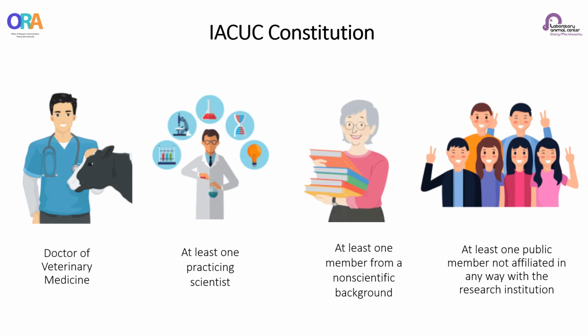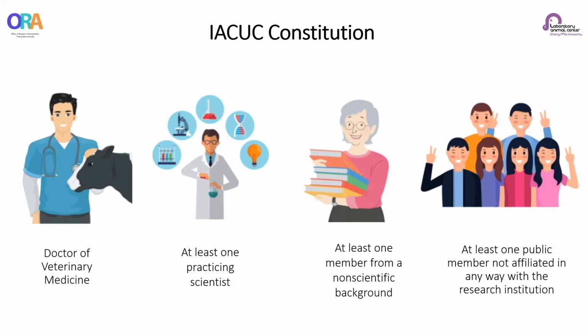The components of the IACUC are, first, a doctor of veterinary medicine certified or with training and experience in laboratory animal science and medicine, or in the use of species at the institution. At least one practicing scientist with research experience using laboratory animals.